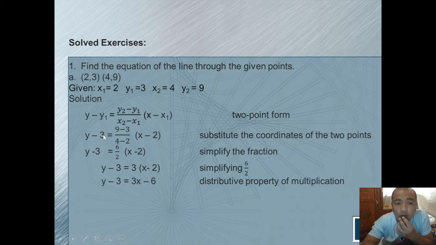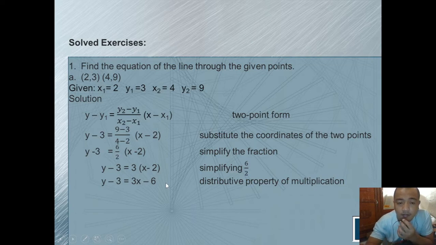So we have y minus 3, yes, y sub 1 is 3, equals 9 minus 3 over 4 minus 2 times quantity x minus 2. Yes. Then 9 minus 3 is 6, 4 minus 2 is 2, 6 divided by 2 is 3. So that means 3 is the slope. Multiply 3 by x minus 2, 3x minus 6 equals y minus 3.